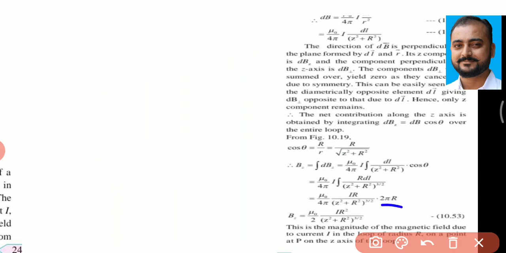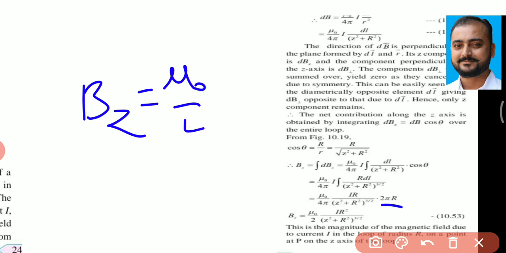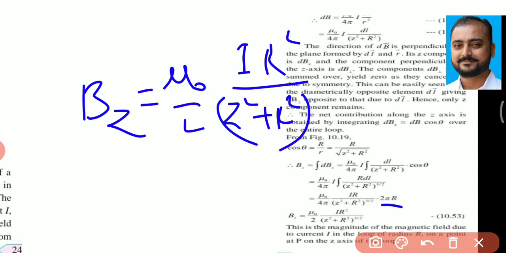By putting all these values, finally we get the formula Bz is equal to mu 0 divided by 2, I R square divided by (z square plus R square) raised to 3 by 2. This is the magnitude of the magnetic field due to current I in the loop of radius capital R at a point P on the z axis of the loop.